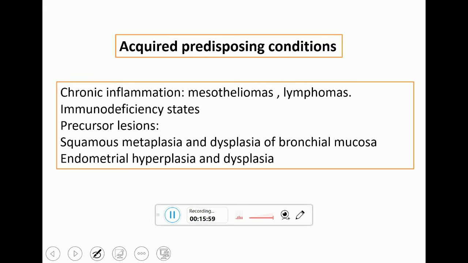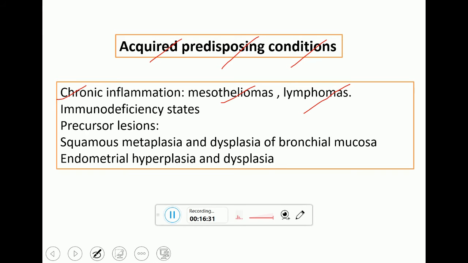Now, what are the acquired predisposition conditions? Acquired predisposition conditions basically means that there are certain things or certain genes which are already predisposed to develop into a particular type of cancer. Like chronic inflammation: mesotheliomas or lymphomas are cancers which are developed because of long-term inflammation of a particular cell.